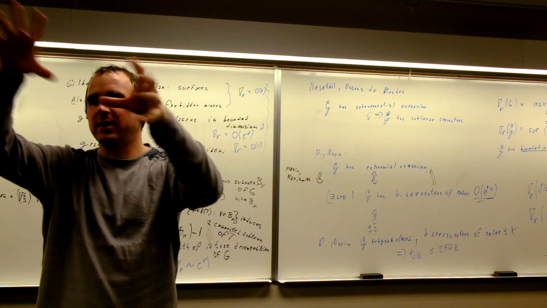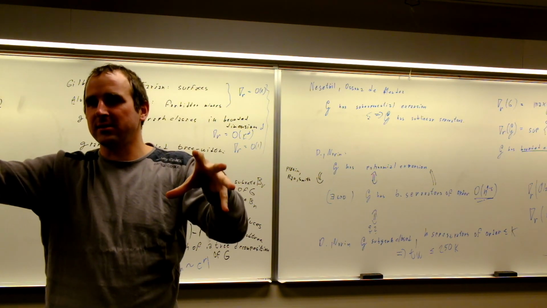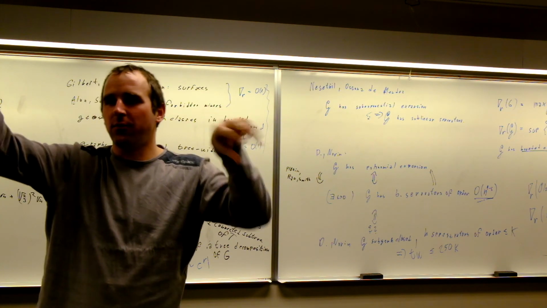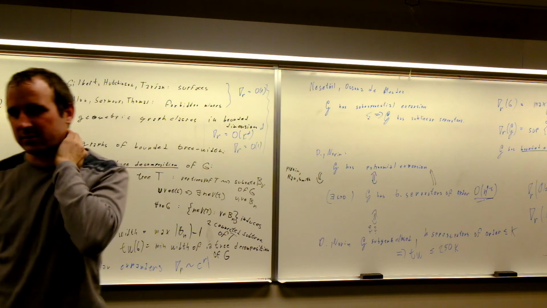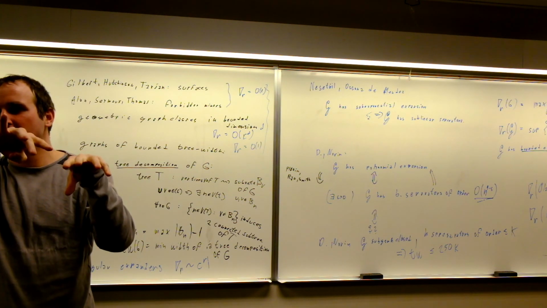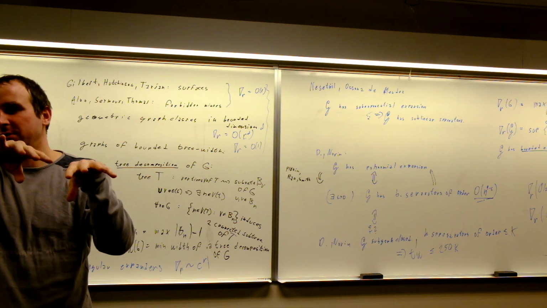And now if you uncontract things, you will get some subcubic graph, which is obtained from a three-regular expander by subdividing each edge at most 2r times or something.